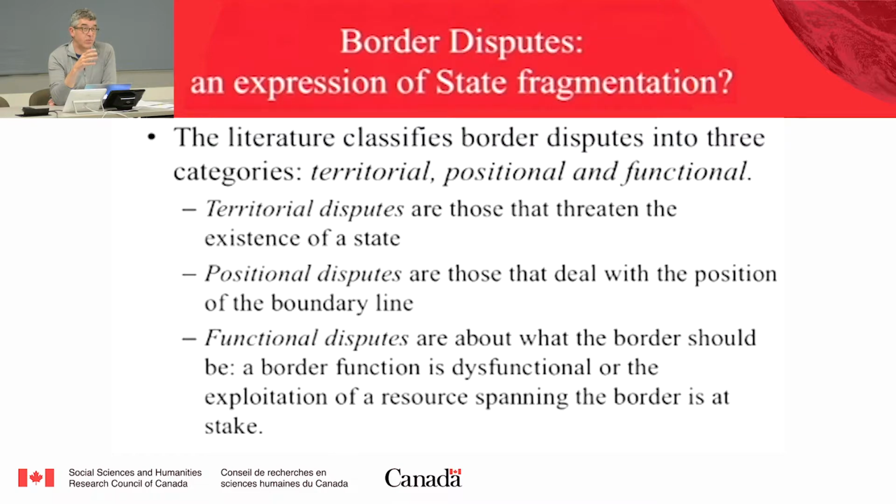So the most dramatic one, the territorial dispute, is actually a broader category. Territorial disputes are broadly understood as when there is some form of violence between the two sides, and they can threaten at least one of the two members of the international community.